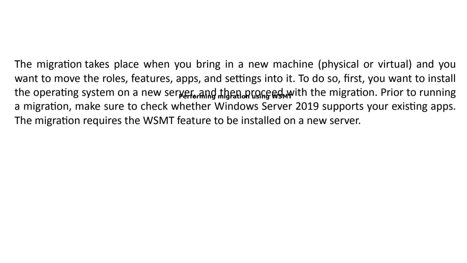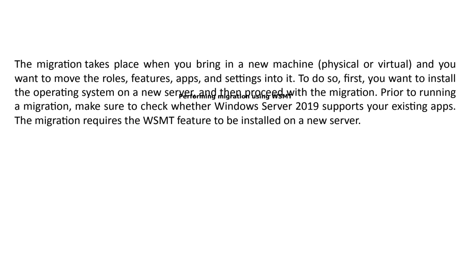Then you run the migration. And that's it. You don't have to create the users again, the applications again. But you have to make sure that if you have some old applications, they are compatible with Windows Server 2019. If you have something legacy, maybe it will not work.